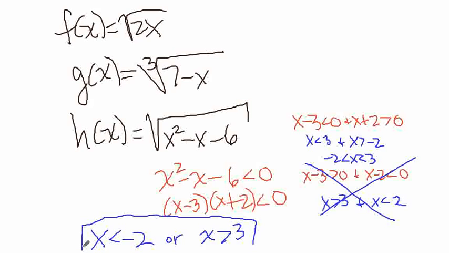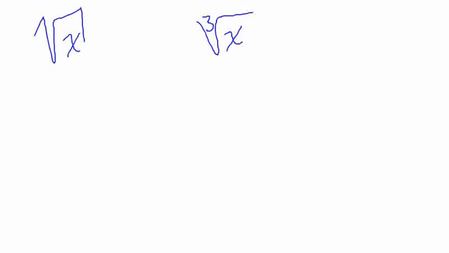Now let me finish this video by talking about the graphs and the inverse of two basic radical functions. These are the simplest of the simple, and it would behoove you to memorize what I'm about to show you. Let's work with the square root of x and the cube root of x, and do the graph and the inverse of each.